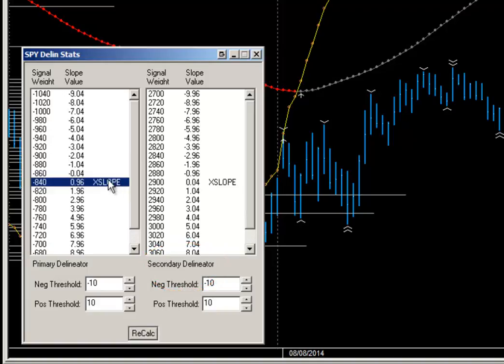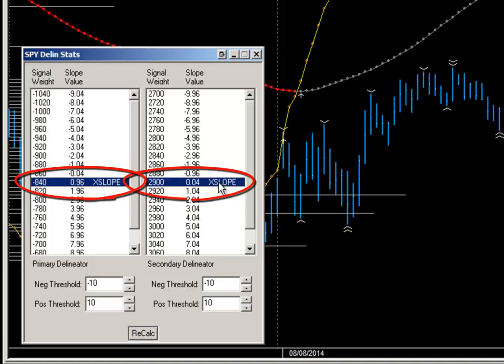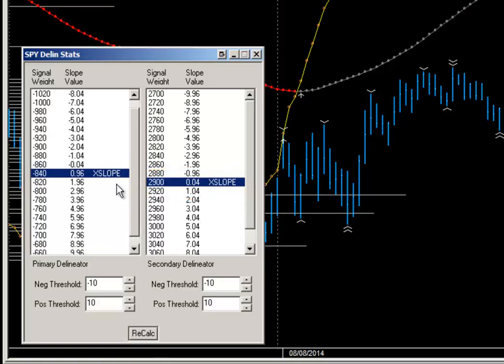We look for these values that say X slope. And we can see that there's one on the primary and there's one on the secondary. And in the case of the 5-minute, for our slope of the delineator, which is currently 124, to drop to 0 and then to minus 0.01, signal weight during the current bar would have to drop to minus 860.